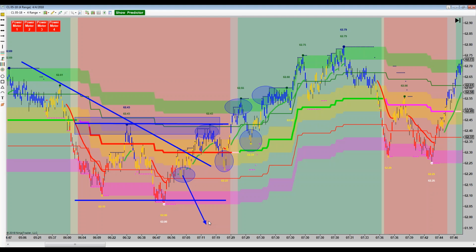Yes? Right? No, it didn't do that. It came right back up to the same swing it hit, put in another higher low, and then put in a higher high.